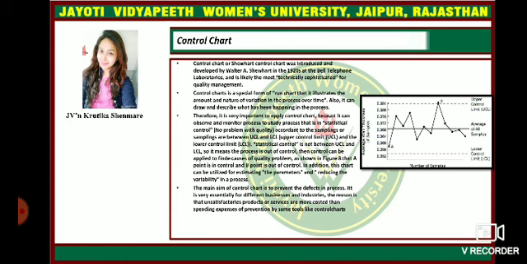Therefore, it is very important to apply a control chart because it can observe and monitor a process to study whether the process is statistically controlled, according to whether the samples are between the upper control limit and lower control limit. If not between the upper control limit and lower control limit, it means the process is out of control.